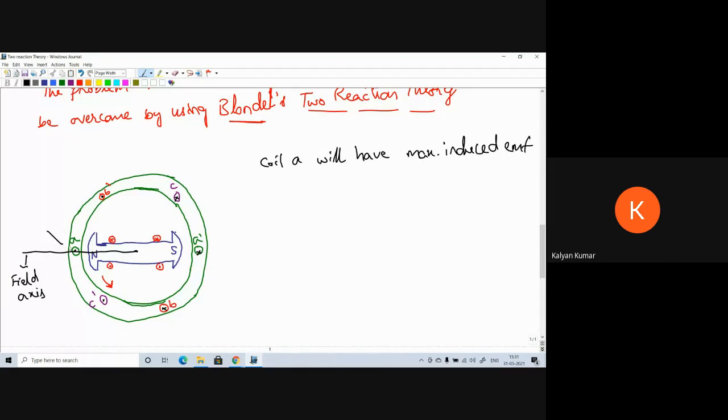So here we are having the maximum EMF position. This field axis is also called the D axis. D axis is nothing but direct axis. This is a short form of direct axis.